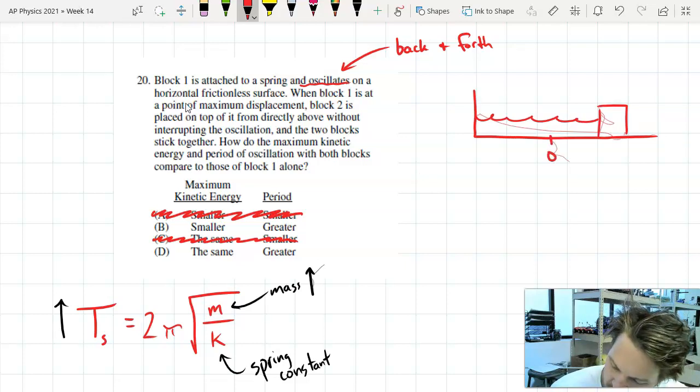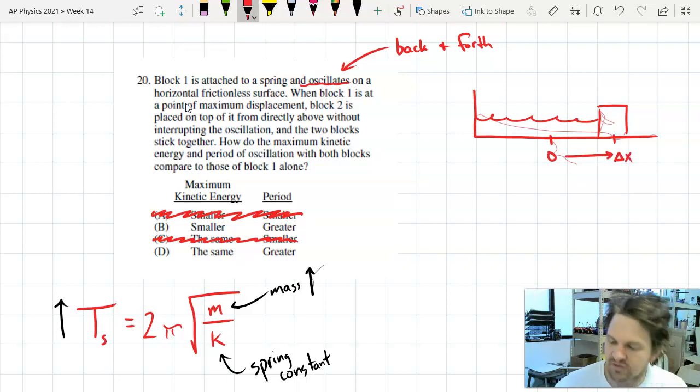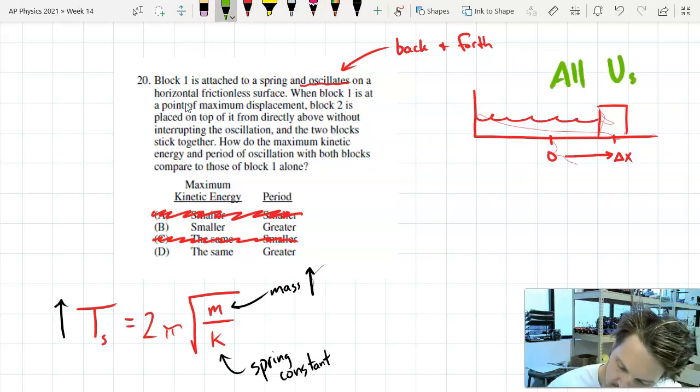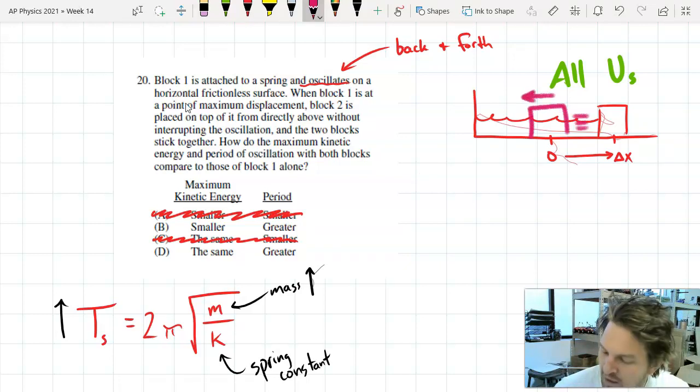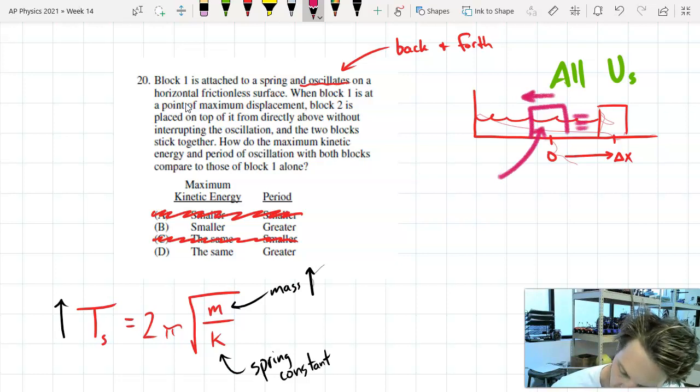If this is its equilibrium position and this is where it's stretched all the way to, if it's all the way stretched out right there, this would be all potential spring energy, right? When it's coming back through the equilibrium position right here, and it's got this velocity going that way, now here it would be all kinetic.